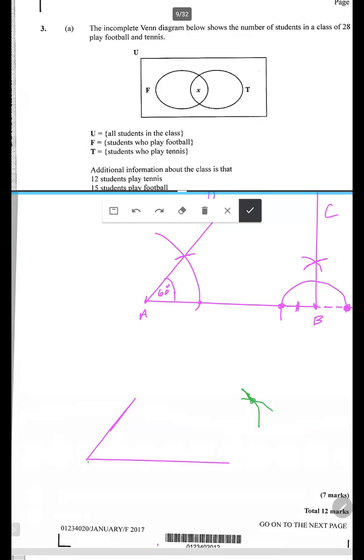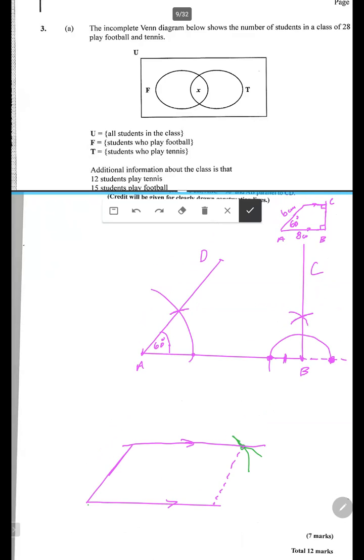It's basically like you're getting a parallelogram. So the straight line through here now will be parallel to that one. Right? And basically that's what you have to do up here to construct this parallelogram.